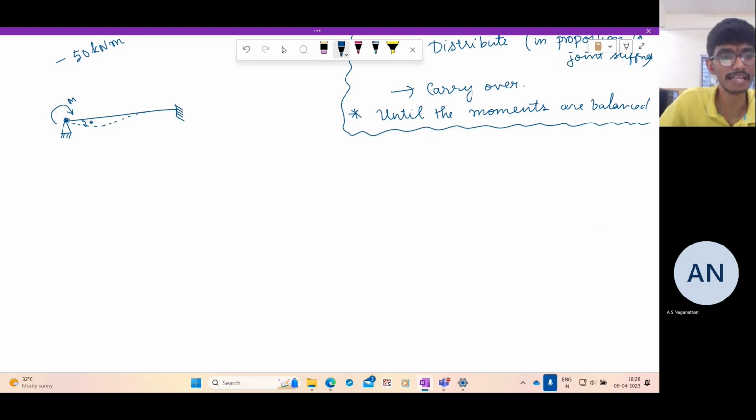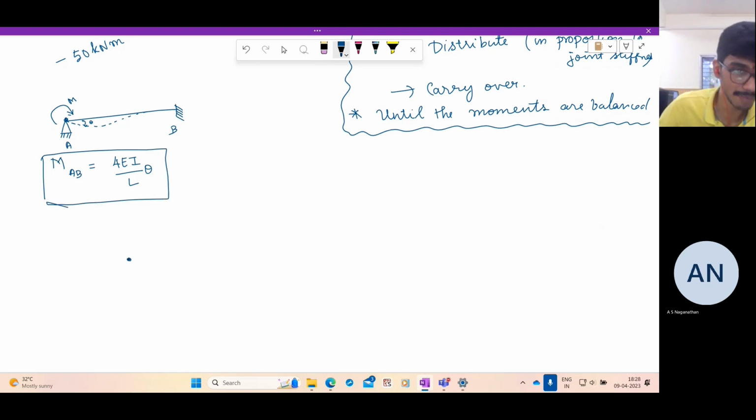How are these two related? We know they are related by the slope deflection equation. MAB is equal to 4EI by L theta A plus 2EI by L theta B. But if the far end is fixed, theta B is 0 and there is no support sinking or anything. So it is just 4EI by L theta.